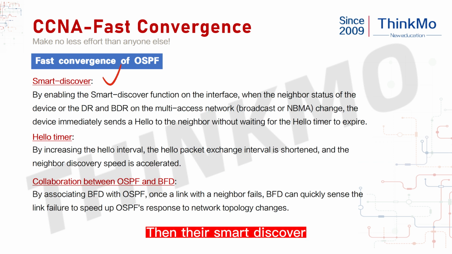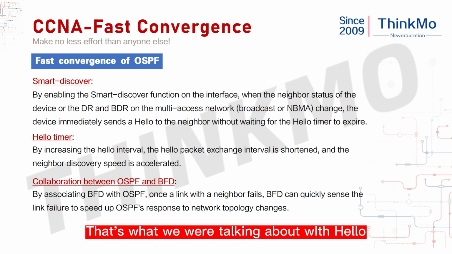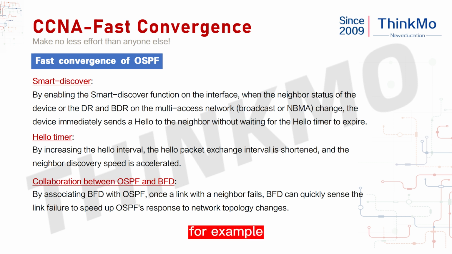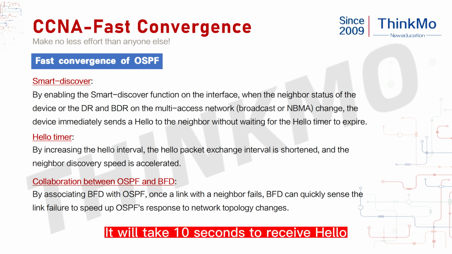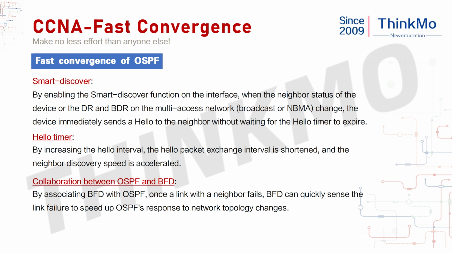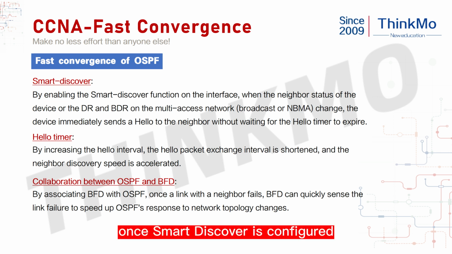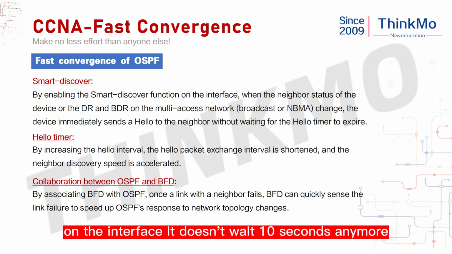Then there's Smart Discover. That's what we were talking about with hello. For example, hello is sent every 10 seconds on the network, so it will take 10 seconds to receive hello. When things change, 10 seconds is too slow. Once Smart Discover is configured on the interface, it doesn't wait 10 seconds anymore.